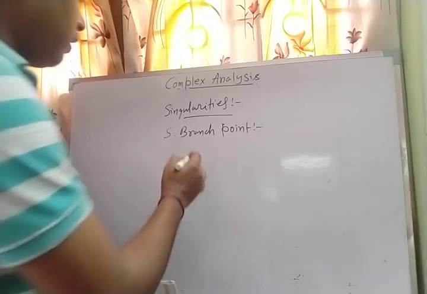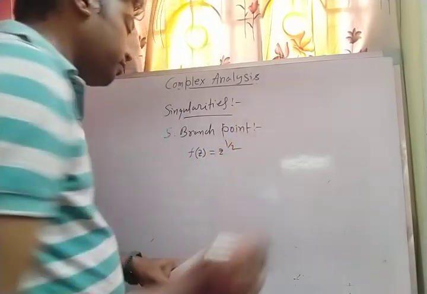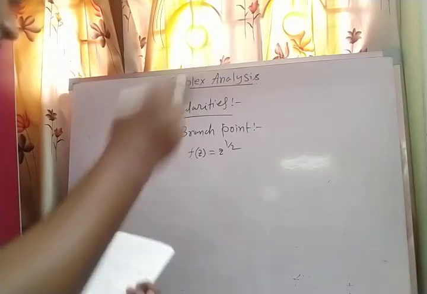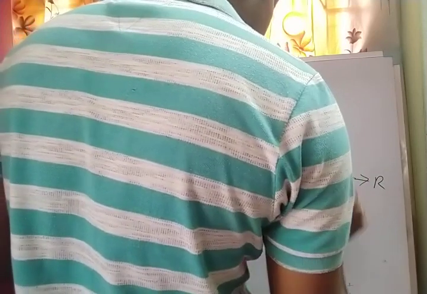So let us consider the function f of z equals z to the power half. So in the Argand diagram, this can be drawn like this. This is the imaginary axis, and this is the real axis. Okay. So we are taking two different points, that is z1 and z2.